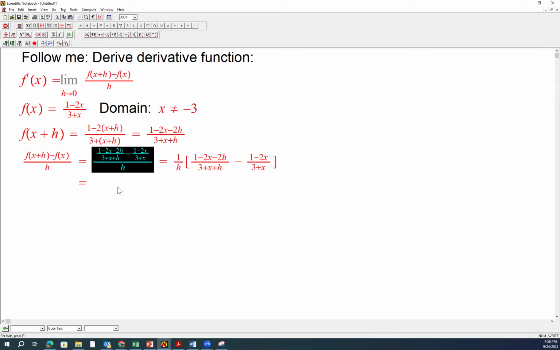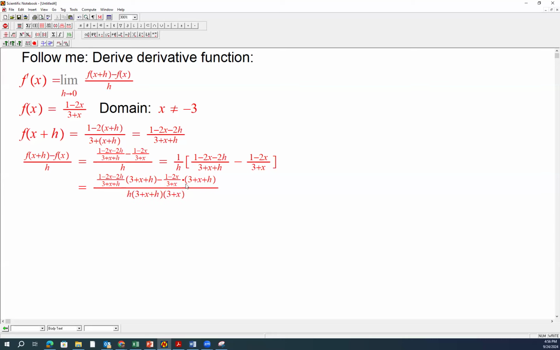What's the common denominator? 2 plus x plus h, times 3 plus x. The common denominator's other factor is going to multiply the top. In parentheses, you must have these parentheses, guys.